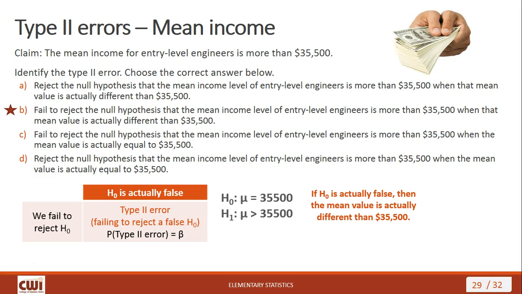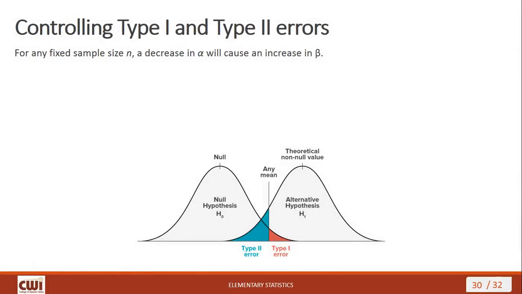Because the type 2 error is failing to reject a false hypothesis, we're going to fail to reject the null hypothesis, even though H0 is actually false. So answer option B is the correct answer. Obviously, these types of errors are things that we want to minimize. So there are different ways that we can actually control type 1 and type 2 errors.